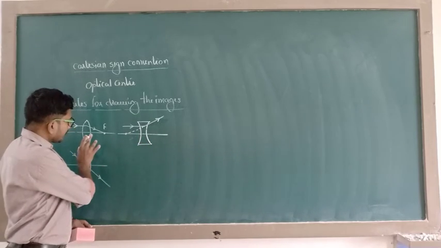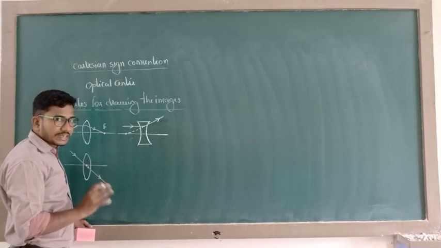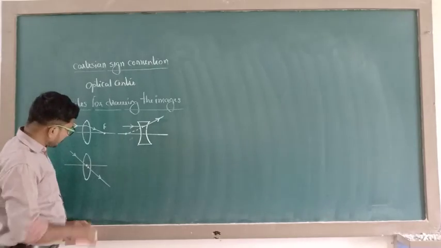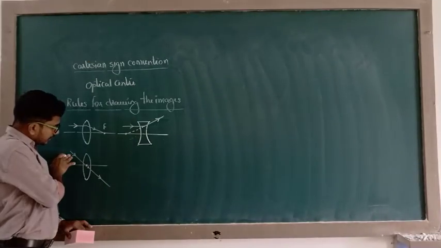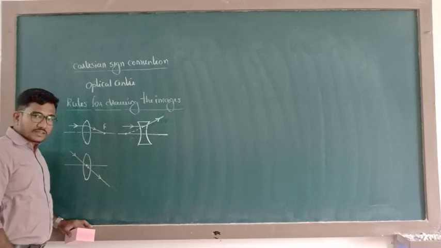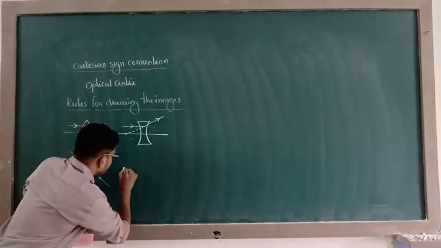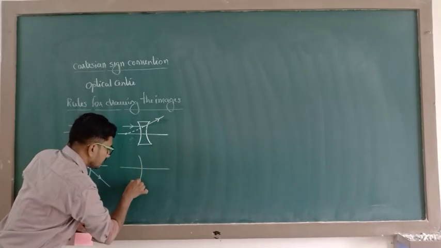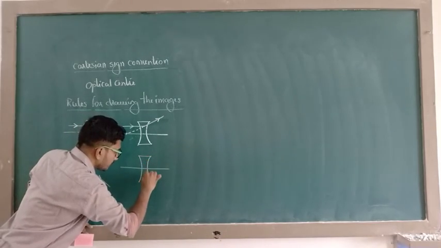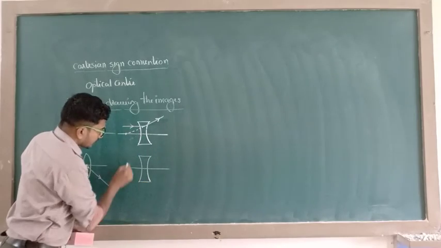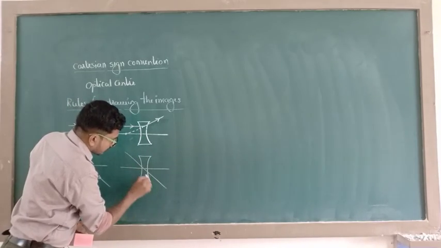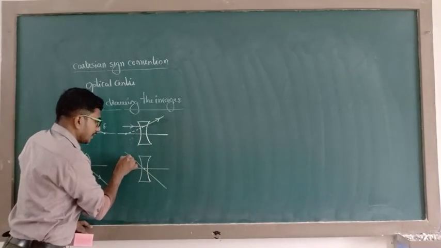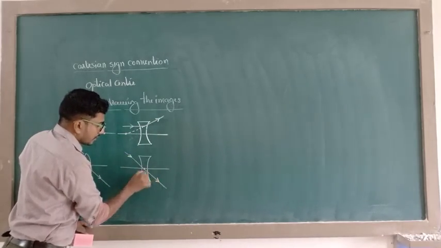The thickness of these two optical media is negligibly small as compared with the radii of curvature, and hence this light ray proceeds without any deviation. In case of concave lens, this point is known as optical center. Then this light ray proceeds without any deviation.